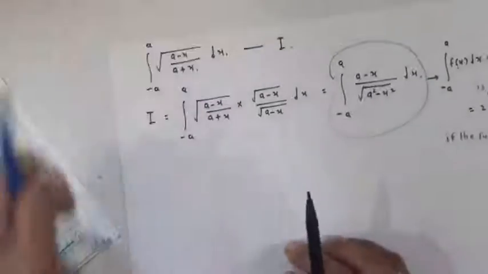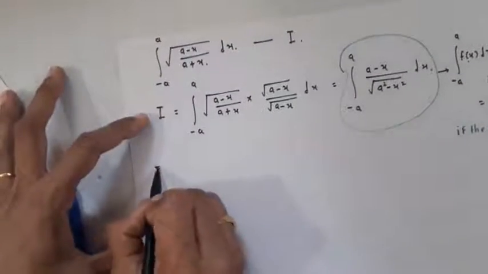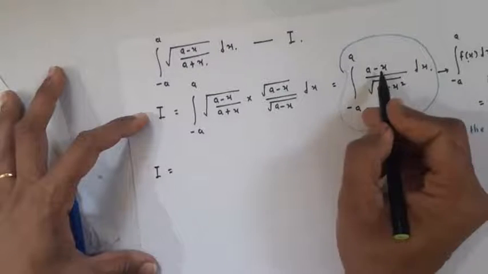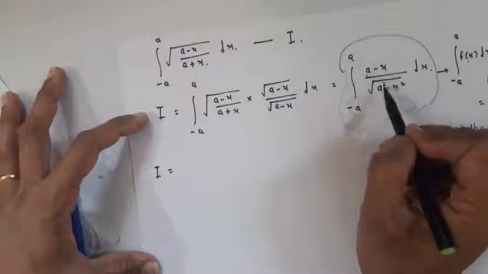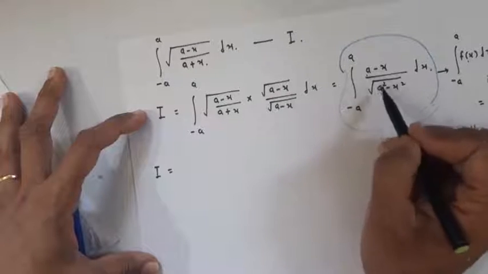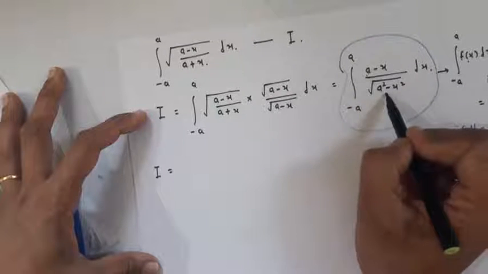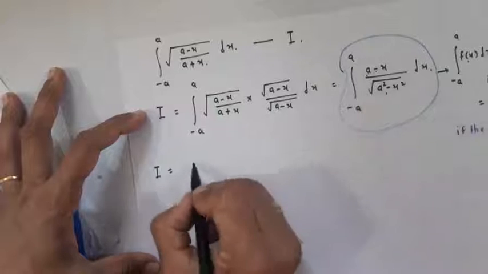So the integration I equals a minus x. There are two terms at the numerator, so separate the terms: first term upon denominator minus second term upon denominator.